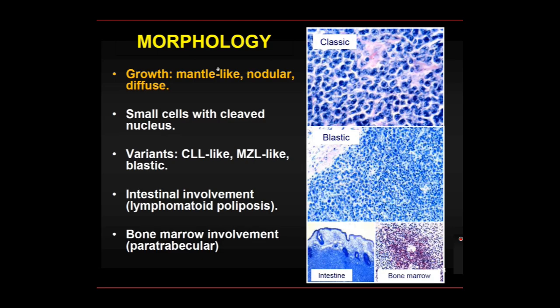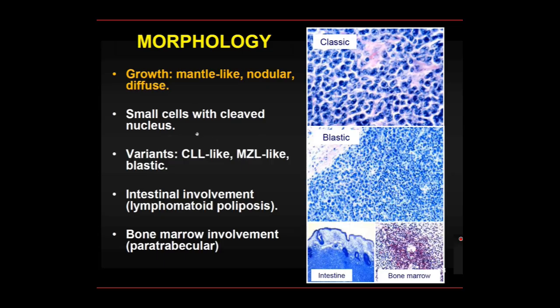It can be nodular, very similar to what we described for marginal zone lymphoma. So when you have growth inside the follicle, invasion of the germinal center, at the end you will have a nodule of mantle cell lymphoma. And with time, it will become diffuse with fusion of different areas.